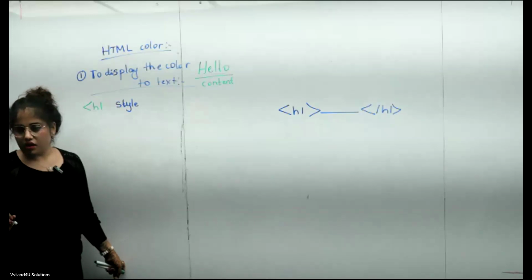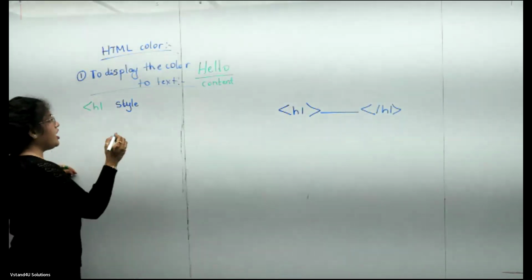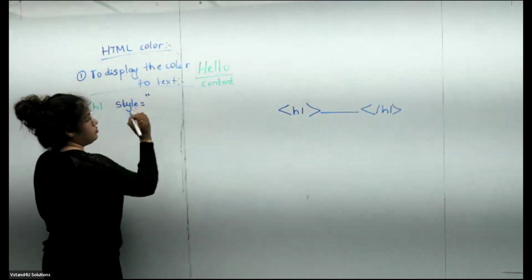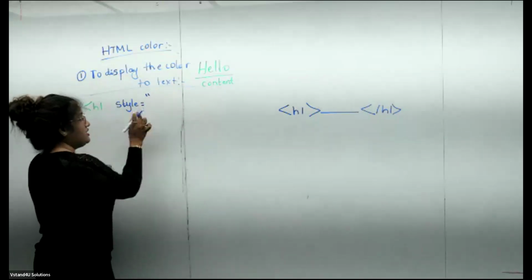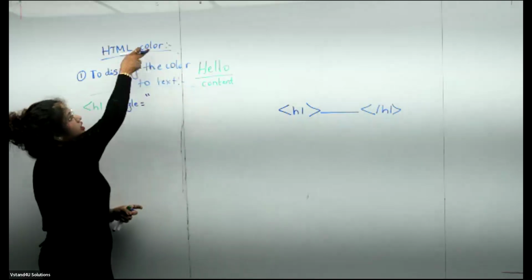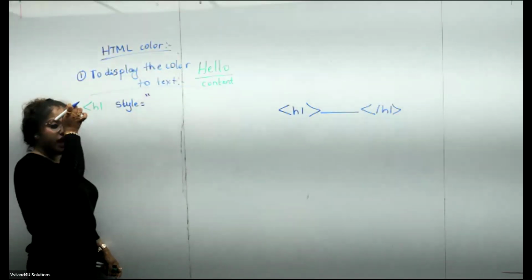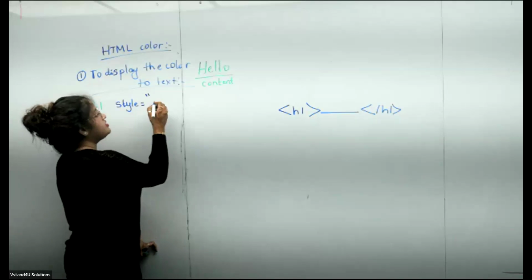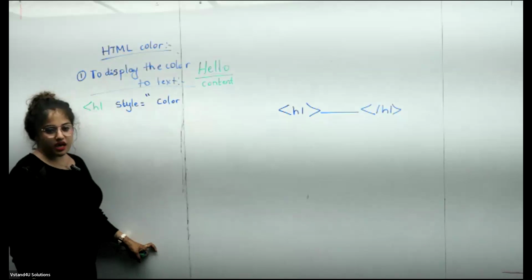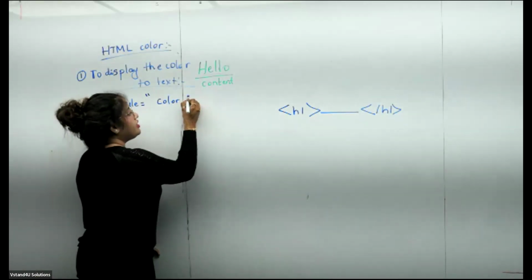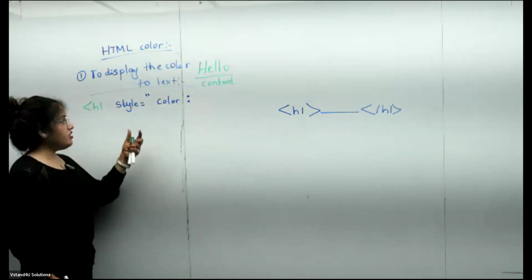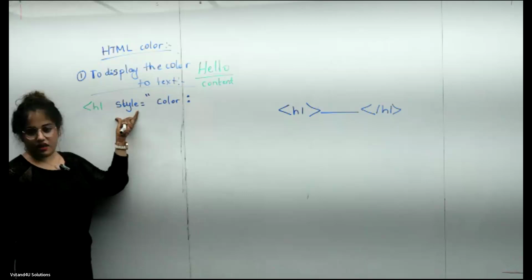Clear till here? Yes, done. So now I will give style equals to some value. Now inside this style attribute, what do I have to change? The color itself, the heading itself is saying color. Yes or no? So I will say style... I will take the attribute called style.